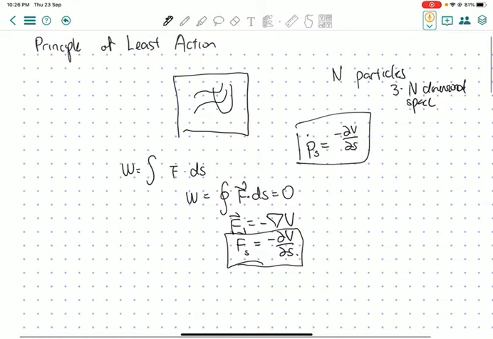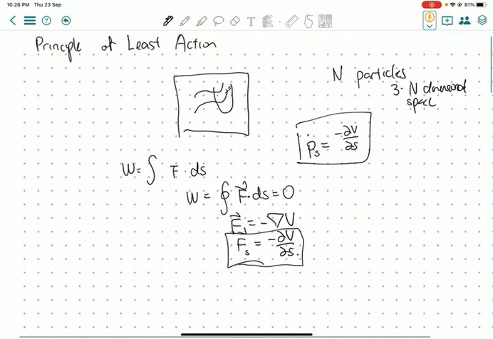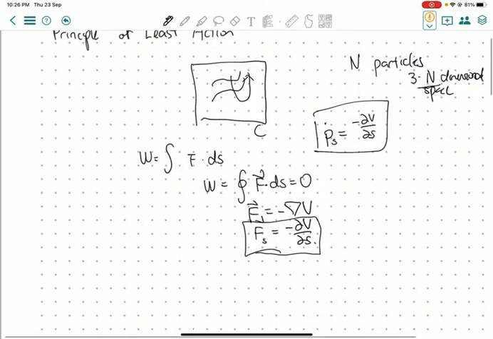Because recall that a particle traversing some configuration space requires at least two translational and one rotational degrees of freedom, and so you amount to 3n degrees of freedom here.